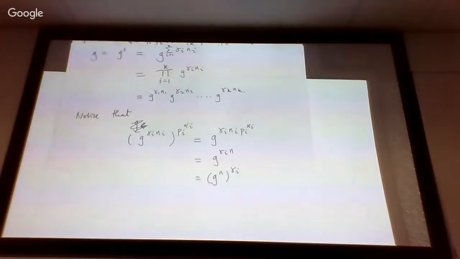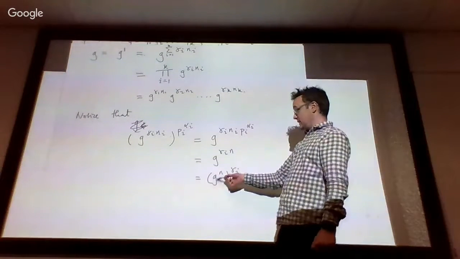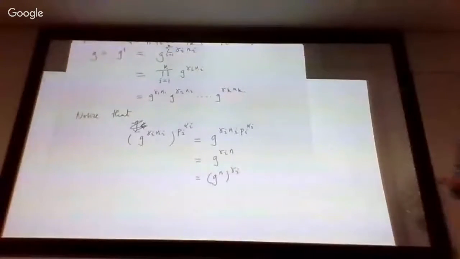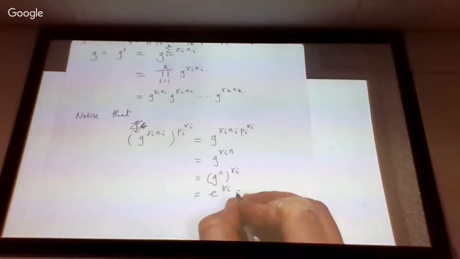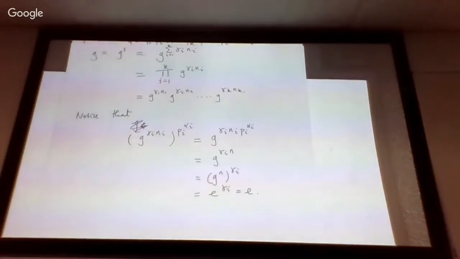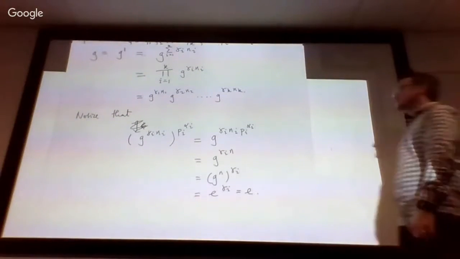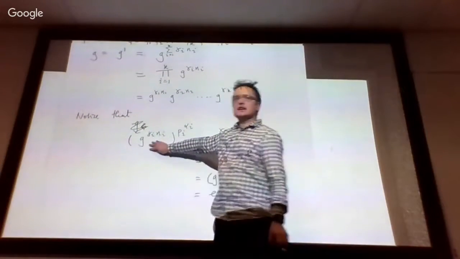So everything has order dividing n. So every group element to the power n is the identity. Can you see that? So that's e to the gamma_i, so that's e. So what does that tell us about the order of this element?